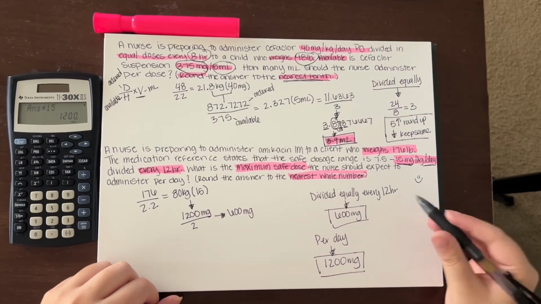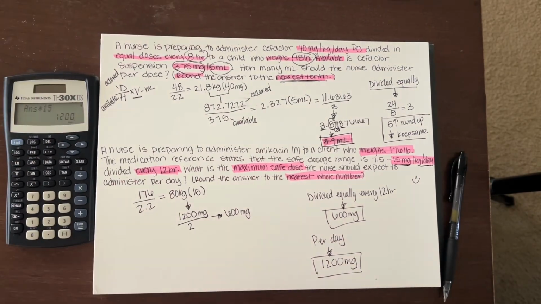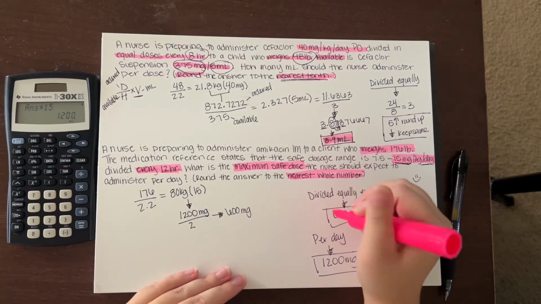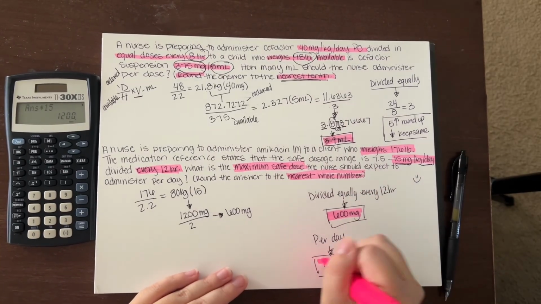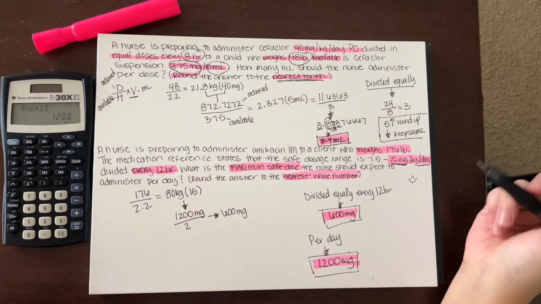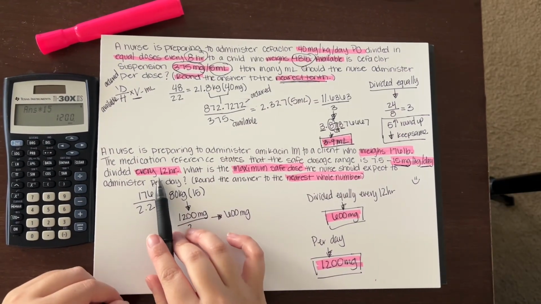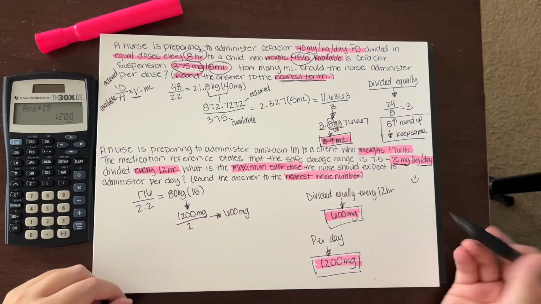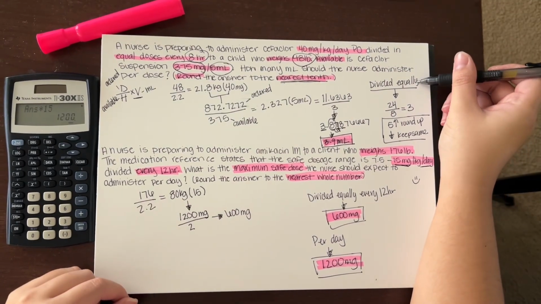So I would just write both of these just in case, and then you could definitely ask him for some clarification, because I know for my mod, they didn't ever put questions like this. Anything that will have you divide, it's always going to say divided equally.